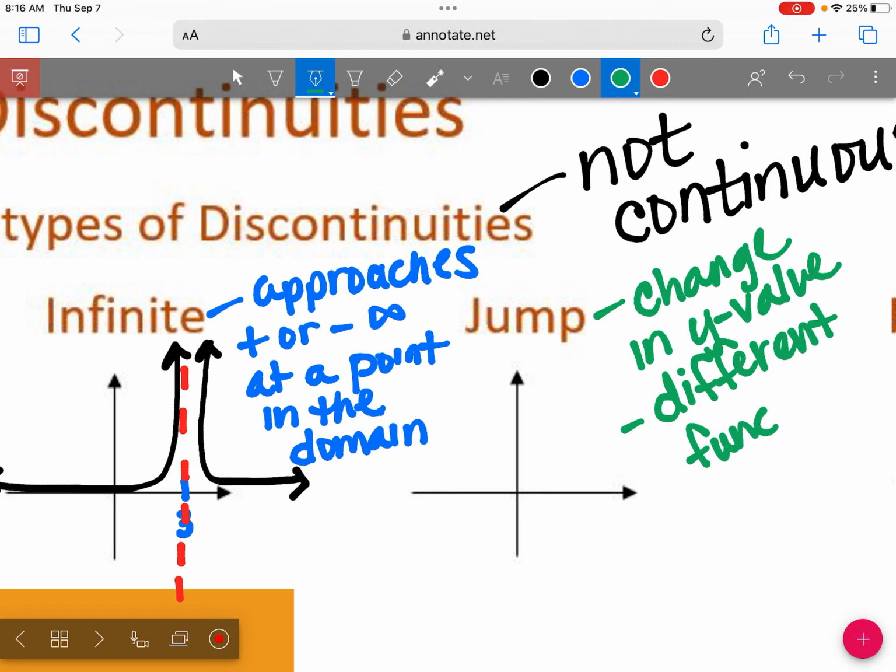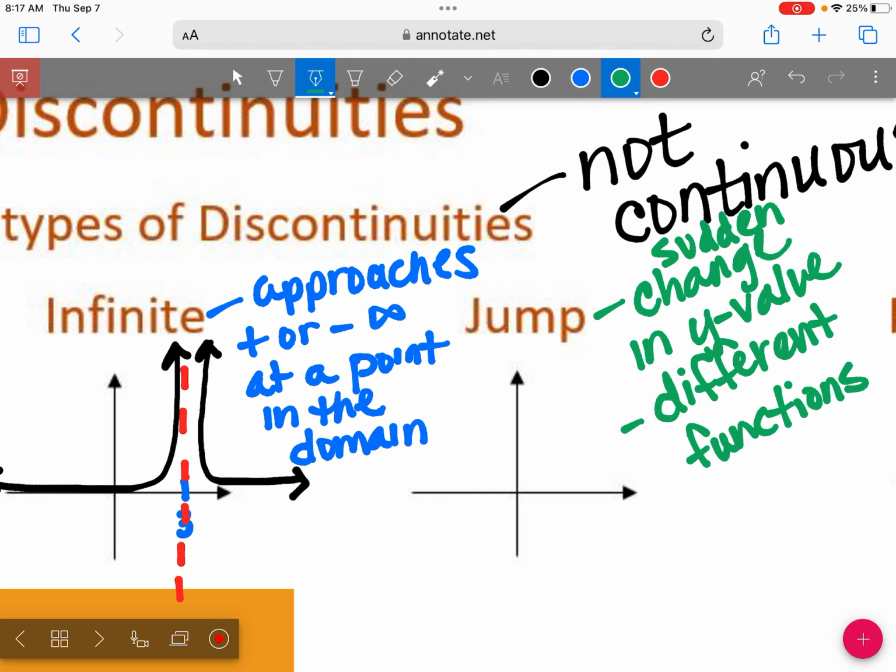Okay, a jump is a sudden change in the y value. And it's really like 2 different functions happening. That's actually called a piecewise function. So we're going to graph that. This time we'll say it occurs at x equals 0.